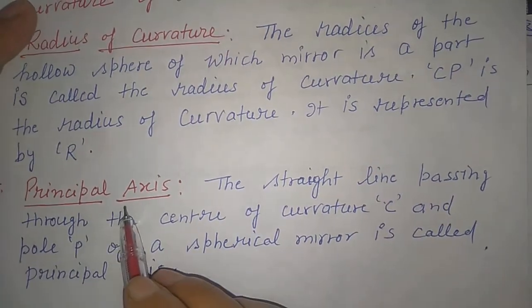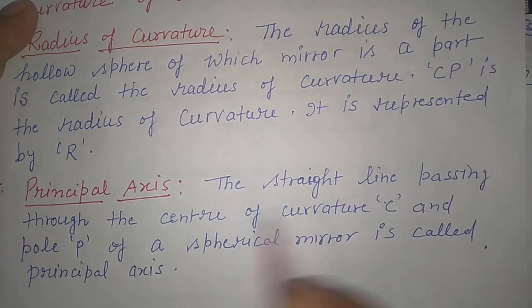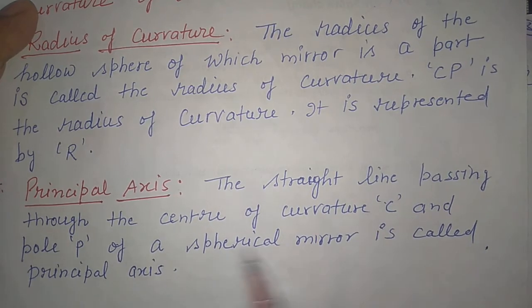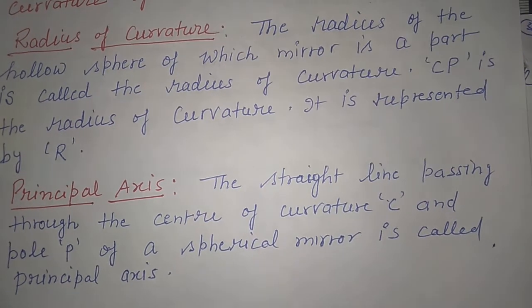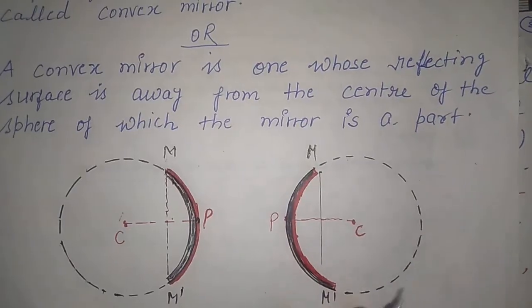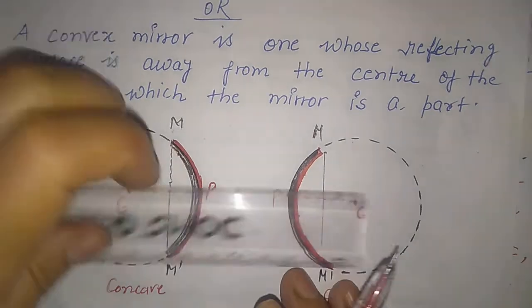Then we have the principal axis. The straight line passing through the center of curvature C and pole P of a spherical mirror is called the principal axis, or we can say the extended radius of curvature. This is on both the sides.